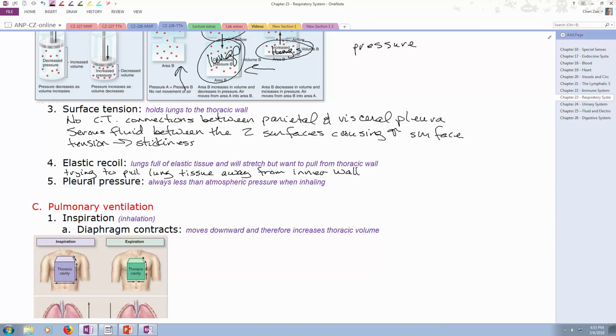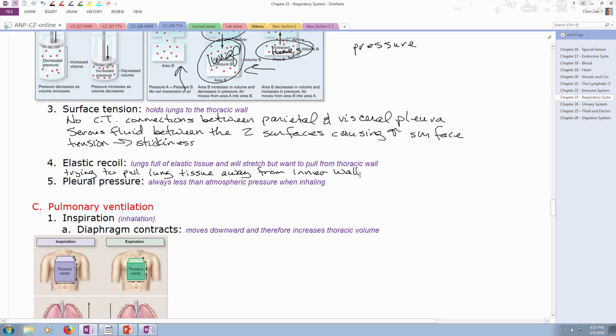And so even the wall of our thoracic cavity wants to pull away from the lungs. The lungs want to pull away from the wall, and the wall wants to pull away from the lungs. And this is kind of working against keeping the lungs inflated. But this is also what helps the lungs to deflate as we ventilate, as we breathe air in, and then as we relax. This helps the relaxation, which is a passive process, for our lungs to empty of air.